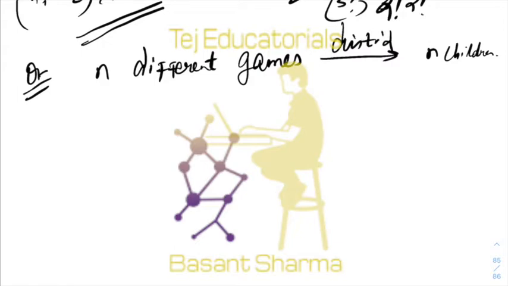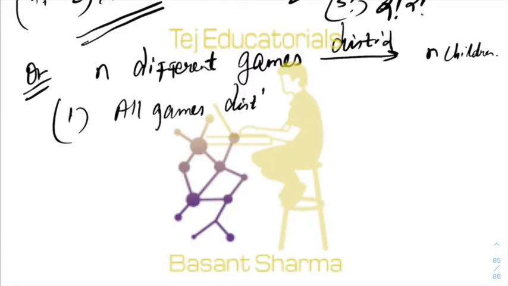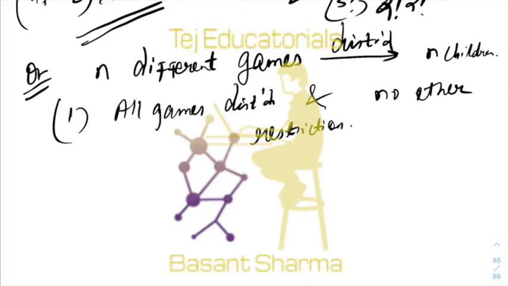Then find the number of ways of distribution if, first, all games are distributed and there is no other restriction. No other restriction means it doesn't matter if a particular child does not get any game at all. That is also acceptable.